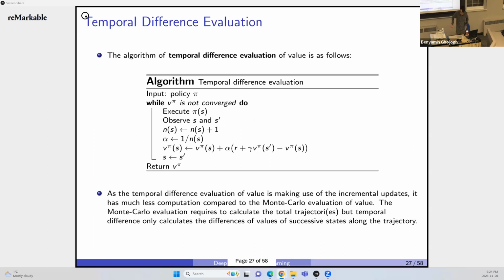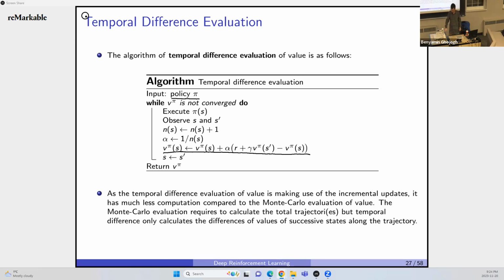The algorithm is simple. Basically, we have a loop over that update. This is the update, where S prime is the state at the next time step. My input is the policy pi. Given this policy, I want to estimate its value.